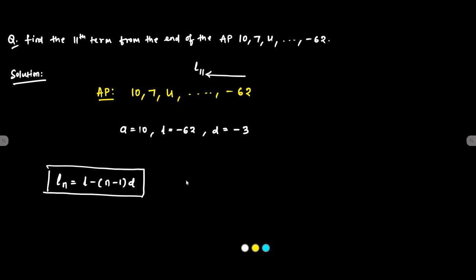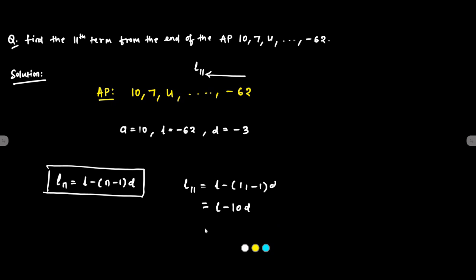So here L11 is equal to L minus 11 minus 1 d, which is equal to L minus 10 d. Okay, L minus 10 d.